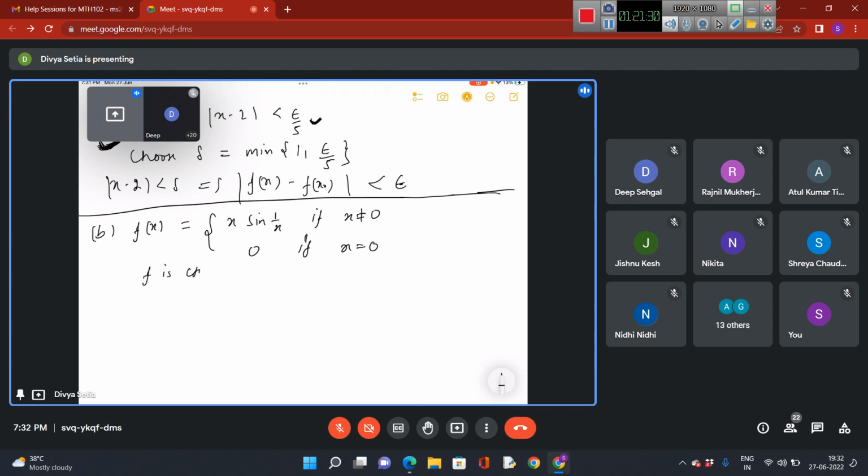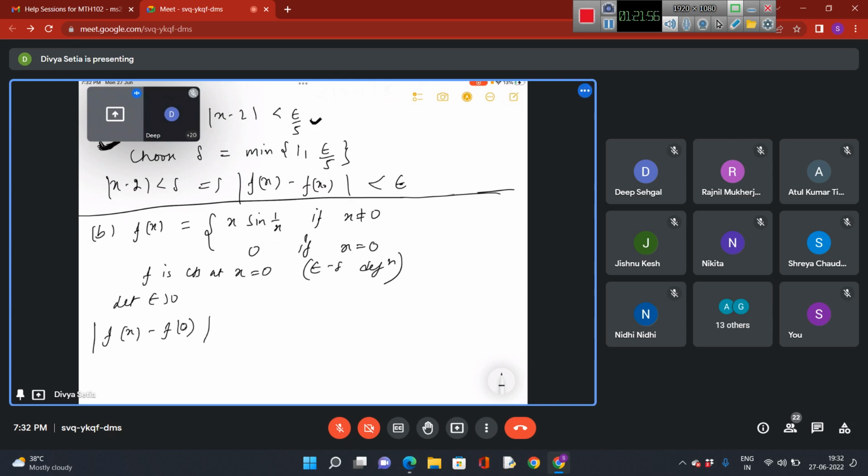f is continuous at 0. Fine. You can check the limit at 0: left hand limit matches the right hand limit, which matches 0. But now you want to prove it by the epsilon-delta definition. So let epsilon be greater than 0. Consider f of x minus 0, because 0 is the only problematic point.